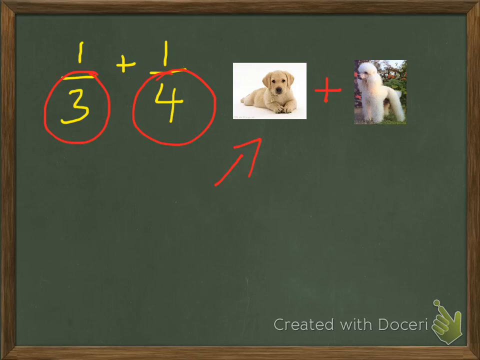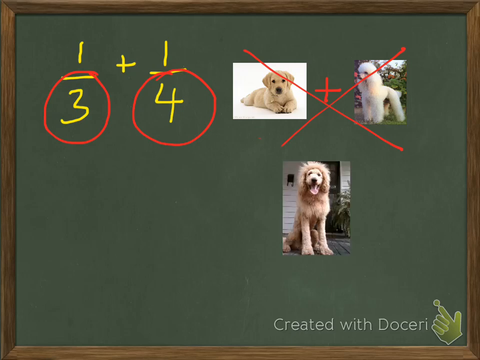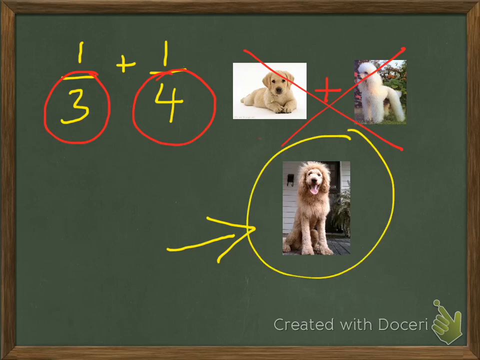And the short answer is no, you can't do that. And this is a bit like saying, can I add a third and a quarter? It doesn't quite work. But if I can make both of the denominators a Labradoodle, that's what this little chap here is, then it does work.